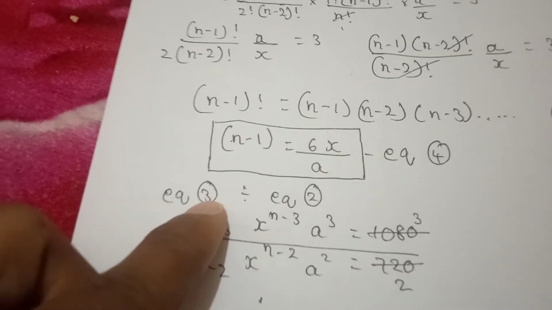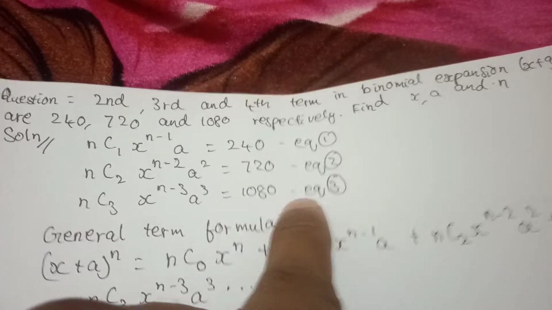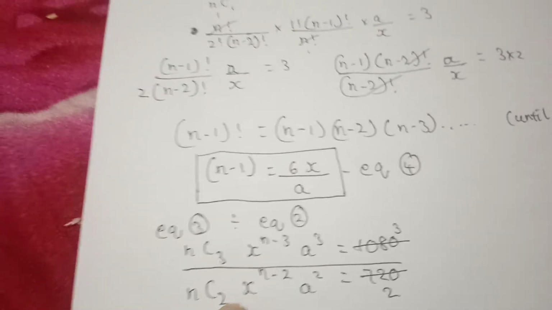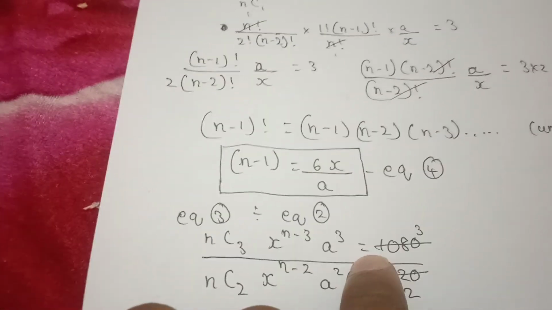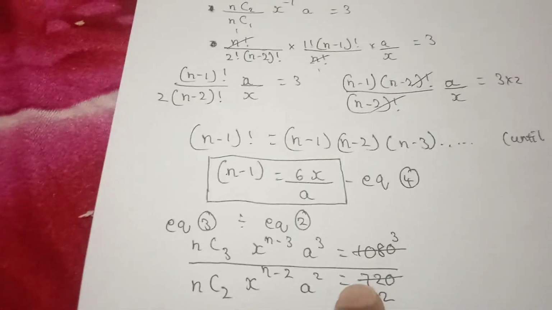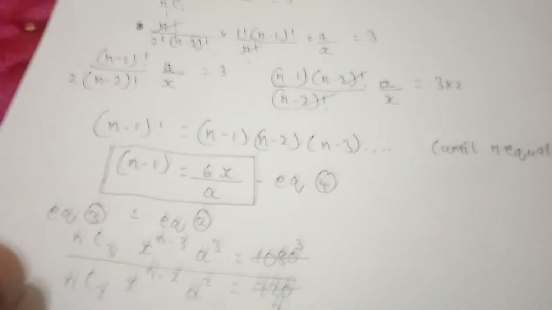And then equation 3 is given, right? Now let's take equation 3 divided by equation 2. It would be equal to 3 by 2, which we got from 1080 divided by 720.